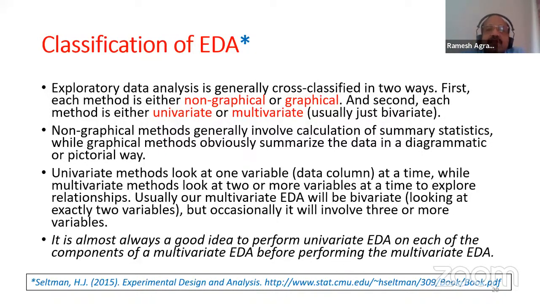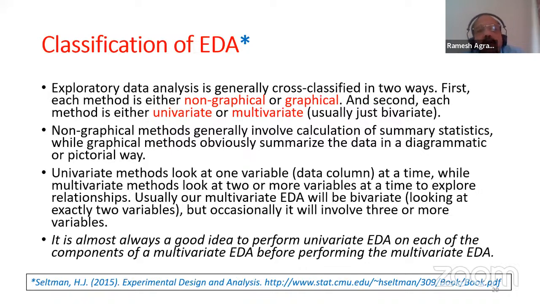The other way is whether you are using tools and methods for analyzing a single variable, then it is univariate data methods. If you are trying to analyze the relationship between two or more variables, then you are talking about multivariate data analysis.